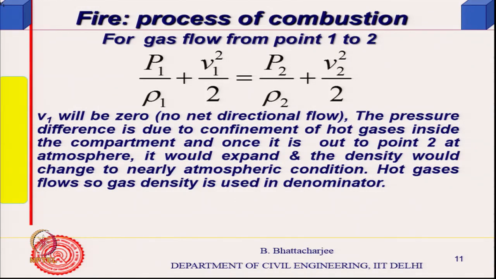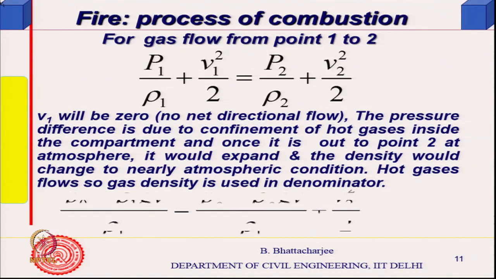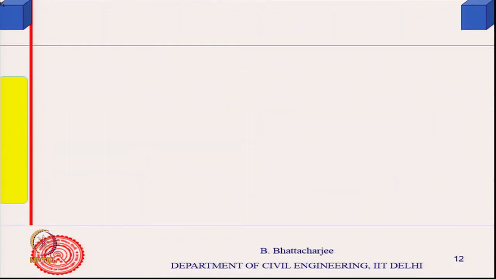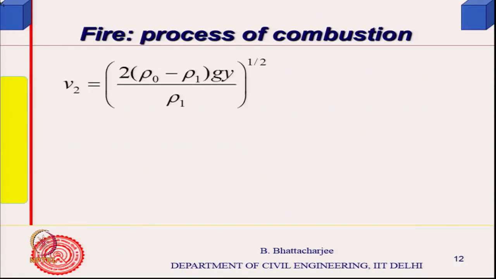So, we take V1 equals 0 and the hot gases are moving out. We take the density of hot gases throughout and write that equation. With the P1, P2 expressions we had earlier in terms of y, at any distance y from the neutral plane, simple algebra gives us V2 equals [2(rho 0 minus rho 1)/rho 1 g y] to the power half.